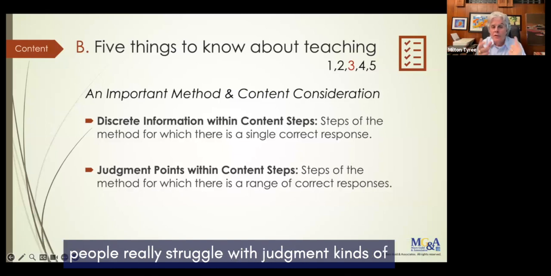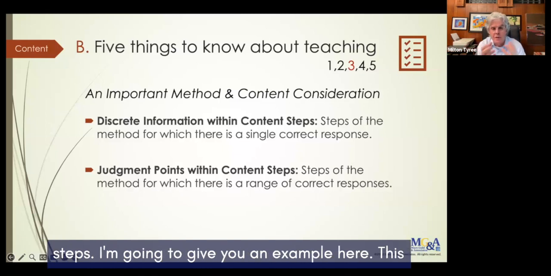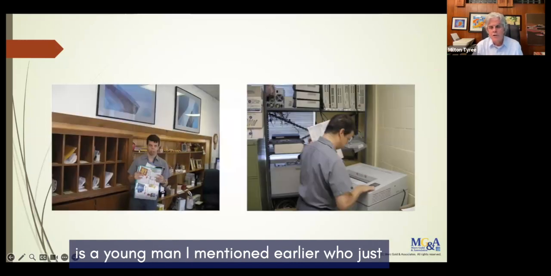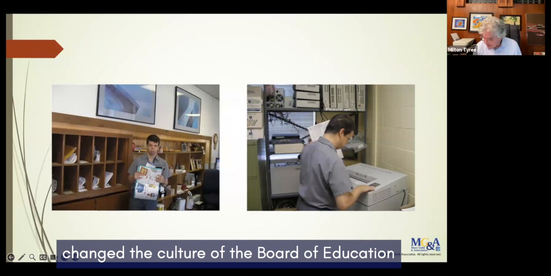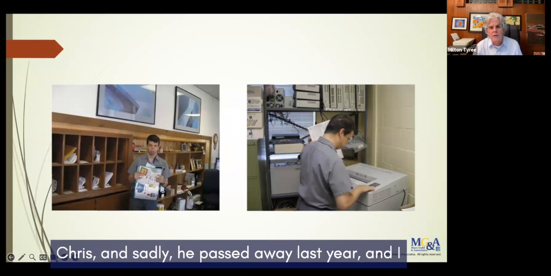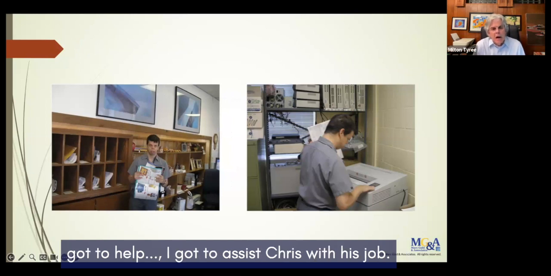And some people really struggle with judgment kinds of steps. I'm going to give you an example here. This is a young man I mentioned earlier who just changed the culture of the Board of Education because of his terrific personality. His name was Chris, and sadly he passed away last year. And I got to assist Chris with his job.